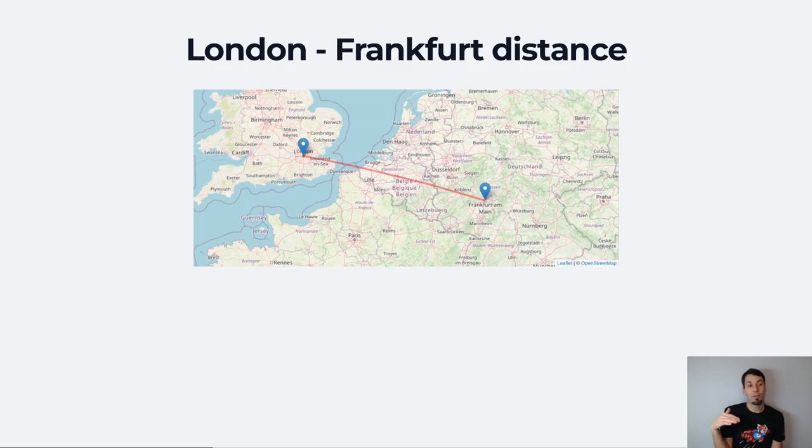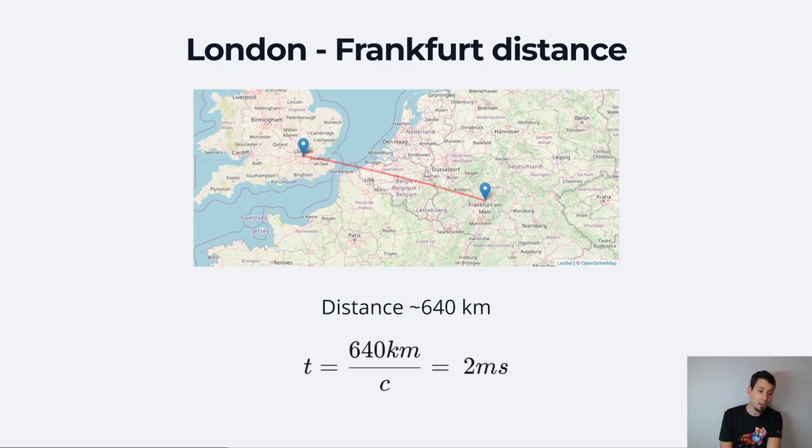Speed of light provides a lower bound on the latency. Let's consider an example of London and Frankfurt. London is where the EU West data center is located, and Frankfurt is where the EU Central data center is located. In a straight line, the distance between London and Frankfurt is roughly 640 kilometers, and it takes 2 milliseconds to travel this 640 kilometers.